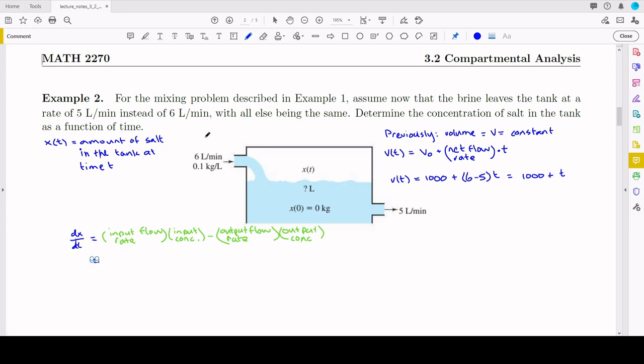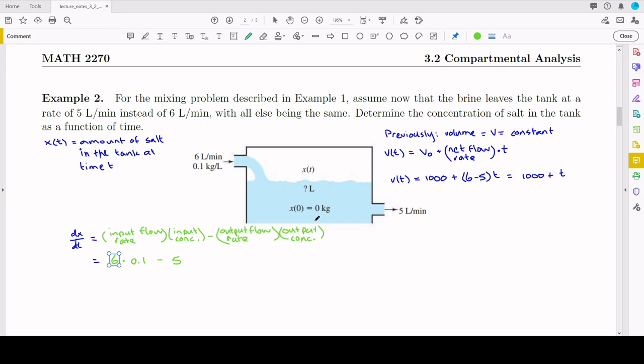So the input flow rate is still 6. So we have 6 times the input concentration, which is 0.1. And then we're subtracting 5 times, right, the output flow rate times the output concentration.